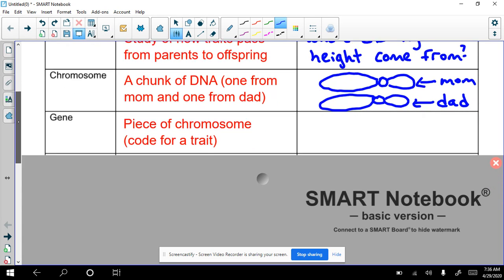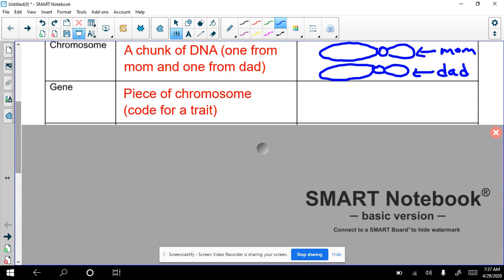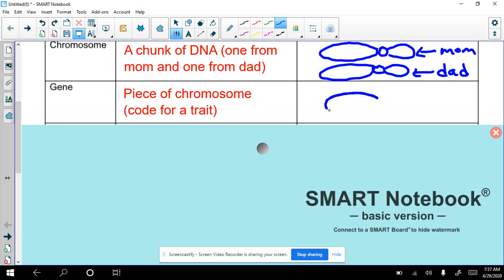The next word is the word gene. Now, if I'm talking about my chromosome, each piece of my chromosome codes for a different trait, and that is known as a gene. So if I'm looking at my chromosome, I'm going to draw my chromosome again. If I took my chromosome and cut it into different parts, these different parts are known as genes.